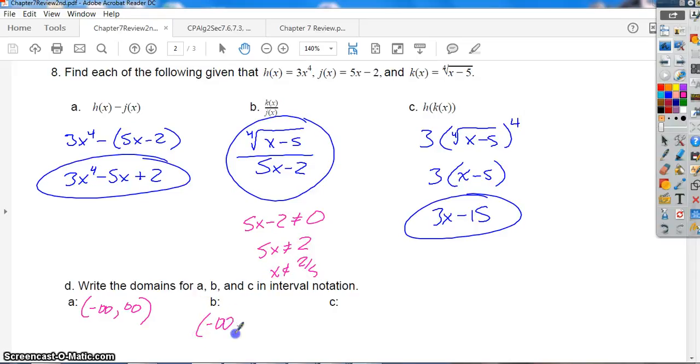So everything but 2/5 will work. In C, looks like everything works again here. There's no radical or denominator. So there we go. Moving right along.